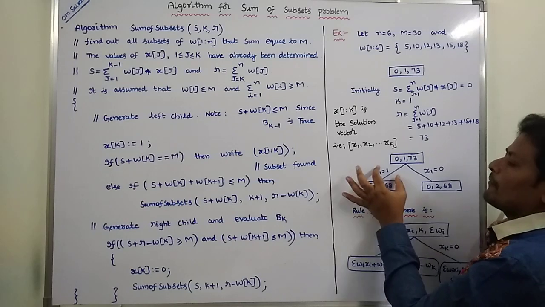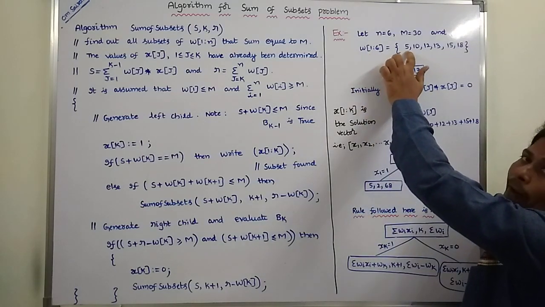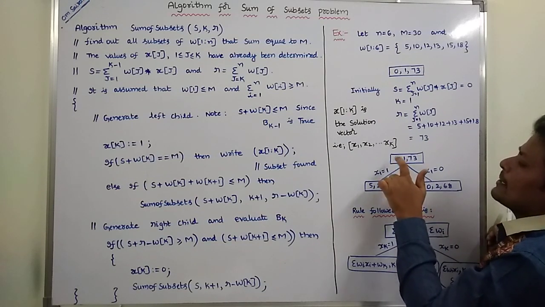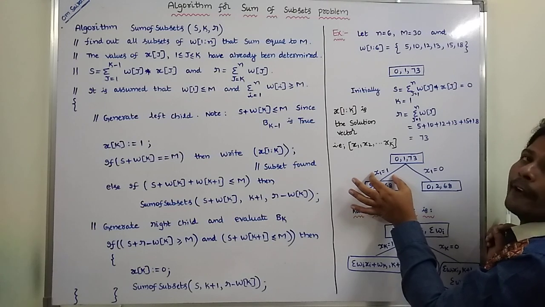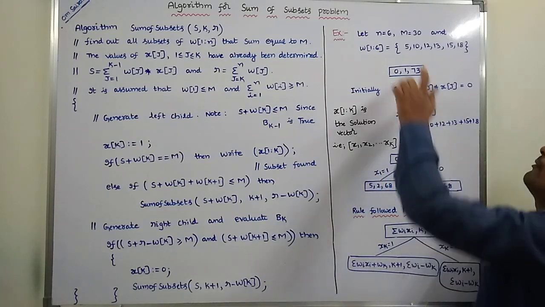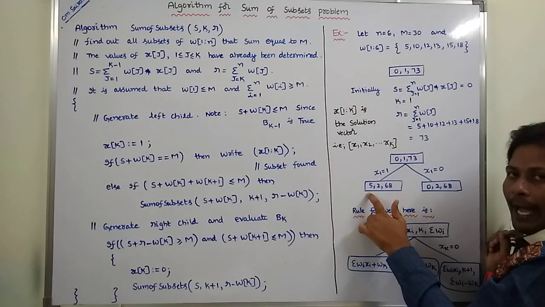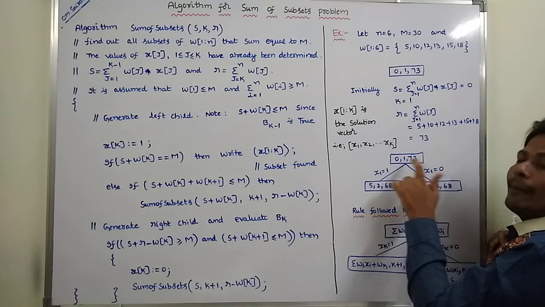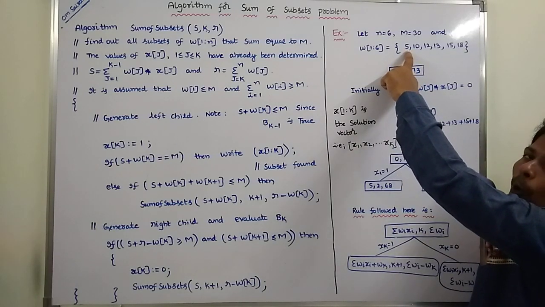Suppose the first object is considered. The first object weight is 5. Here 0 plus 5 is equal to 5, because we are considering the first object weight. So 0 plus 5, that is 5, comma, then increment the index value after considering the first object weight.